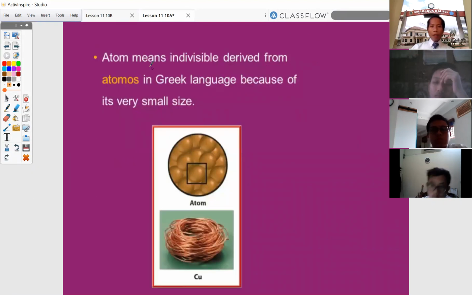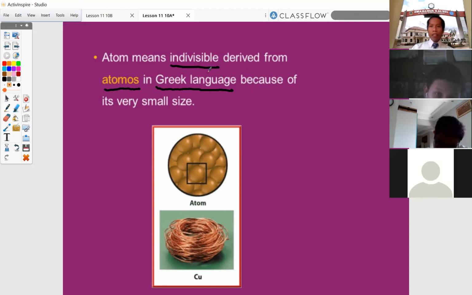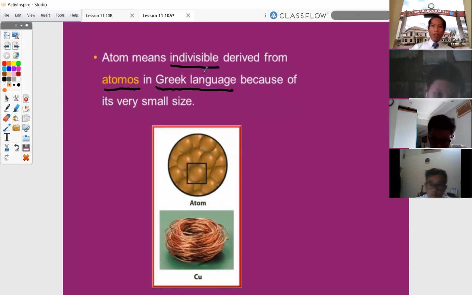Atom itself is coming from the Greek language, from the word atomos. Atomos means indivisible. So in the ancient time, people thought that the atom is indivisible. You cannot divide the atom anymore.